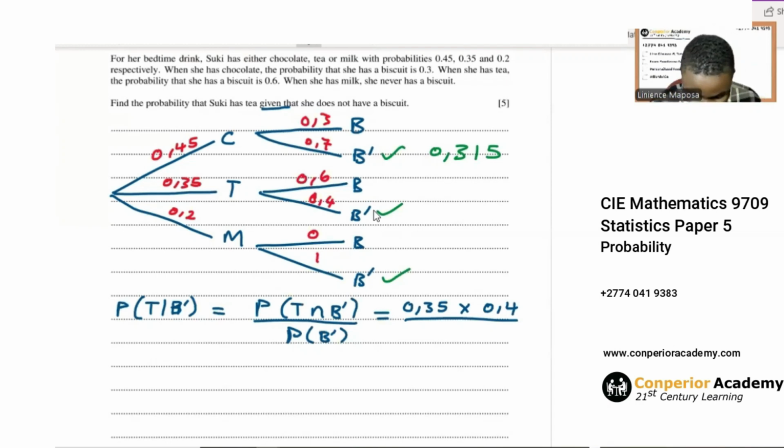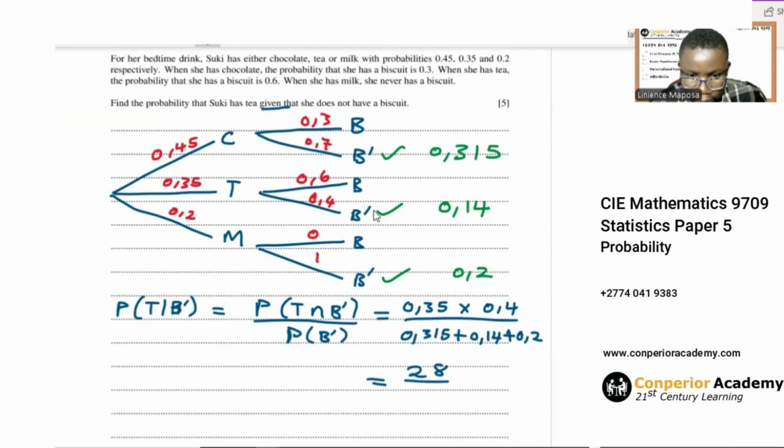That gives me a probability of 0.14. And of course, the other probability of not having a biscuit will be 0.2. So you add these numbers, you don't multiply, because it's between branches. So you have 0.315 plus 0.14 plus 0.2. So this gives me 28 over 131. So this is the probability.